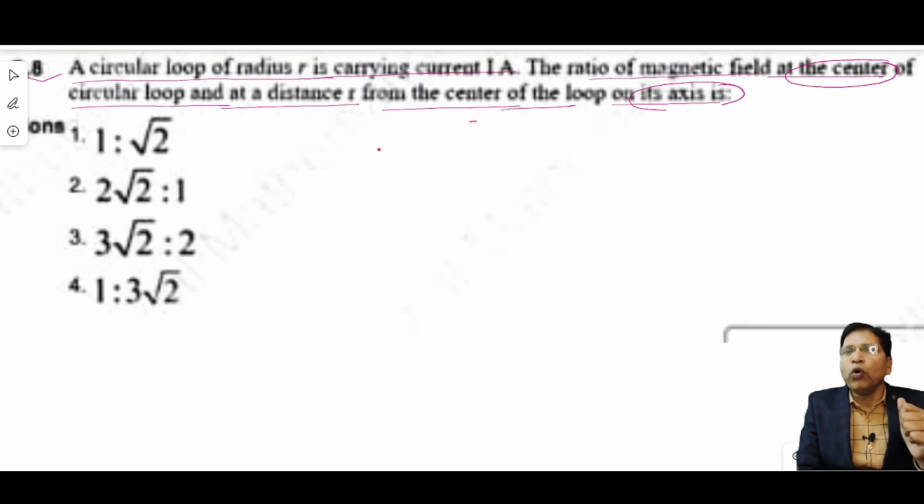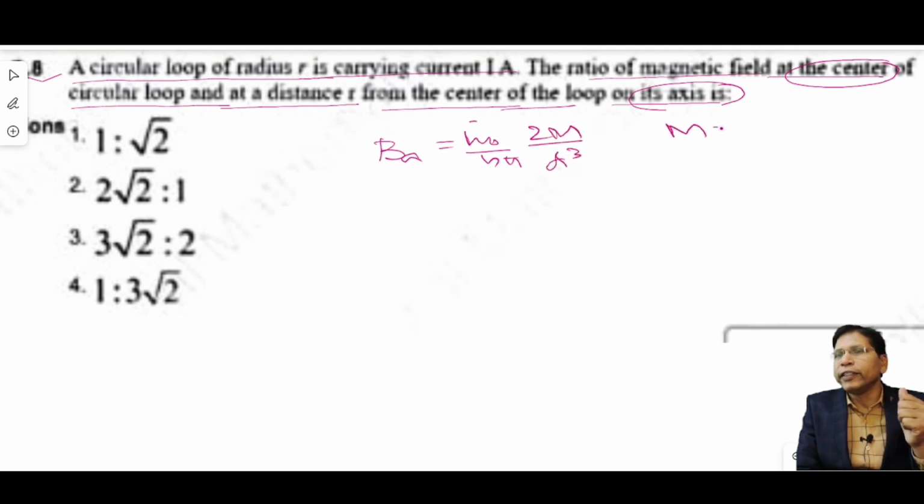First, the magnetic field on the axis is mu naught by 4 pi into 2M by d cube, where M equals A I, A is the area of the coil and I is the current through it, so M is pi r square I. And d is the distance of the point on the axis from the periphery of the conductor, so d is root of r square plus r square.